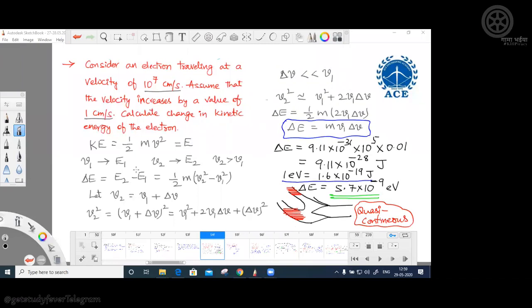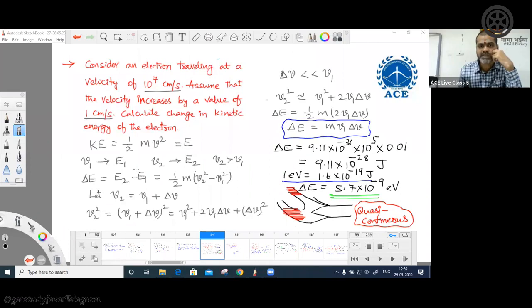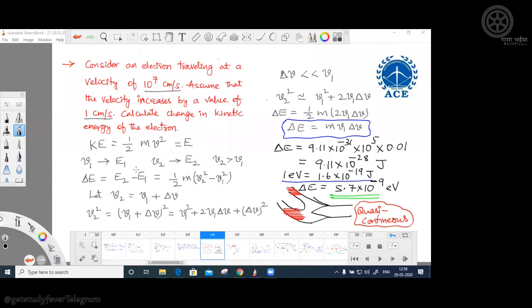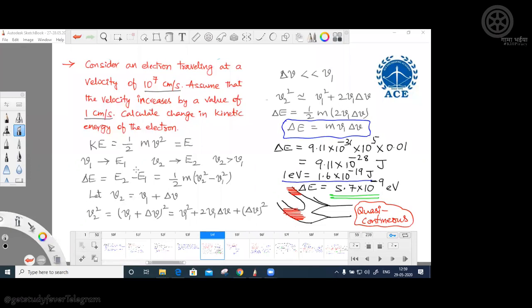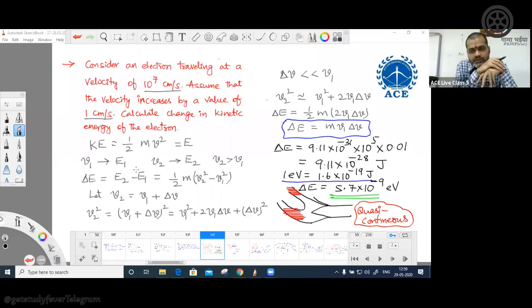Sir, at room temperature, electrons from silicon valence band to conduction band, the transition takes place, sir. Energy gap is 1.1 electron volt, sir, but we are getting kT as 0.026 volt. So how does the transition take place? Come again. At room temperature, electron from valence band goes to conduction band. Yes.